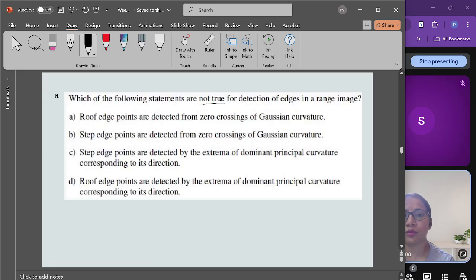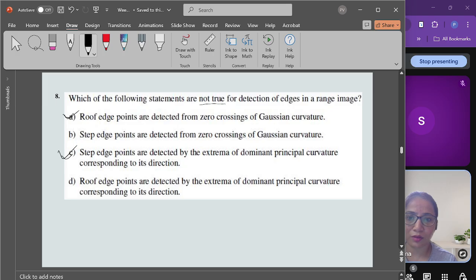That is, not true. So here our answer is options A and C are the not true or incorrect statements for the detection of the edges in the range image. These are the correct statements, options B and D.